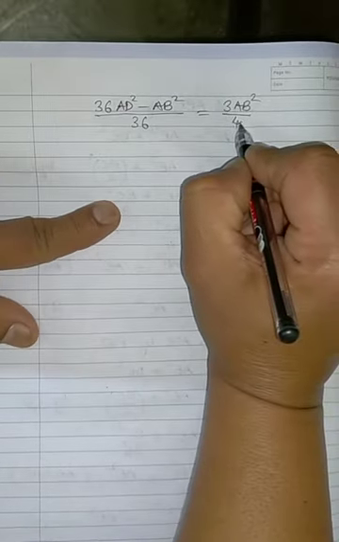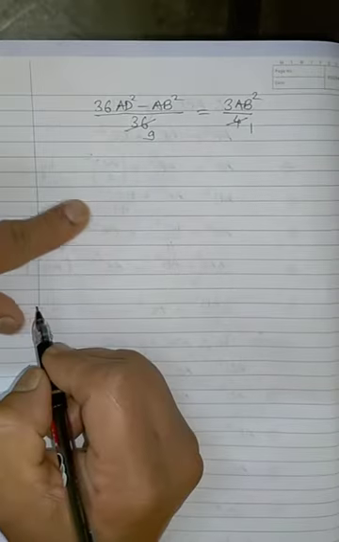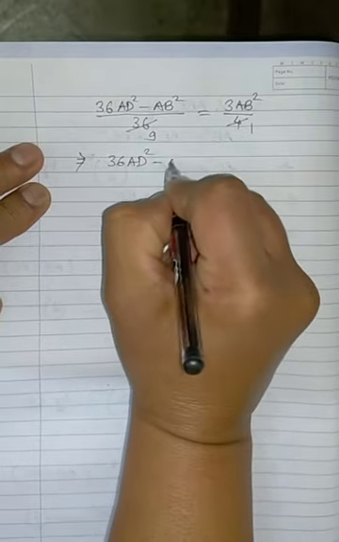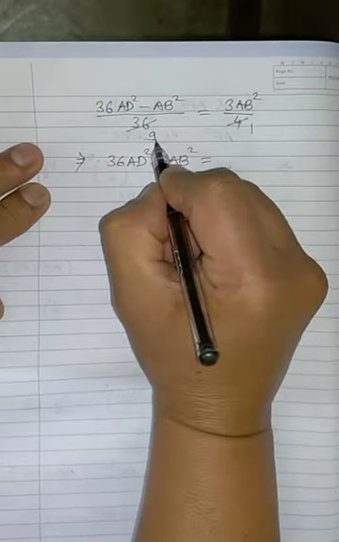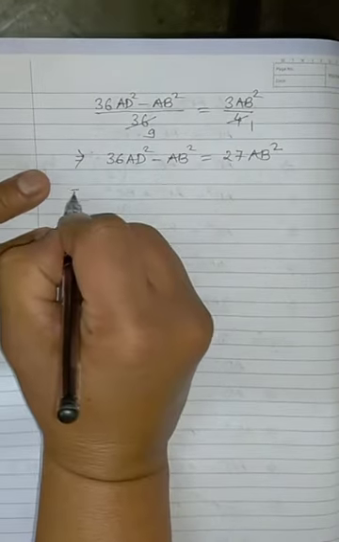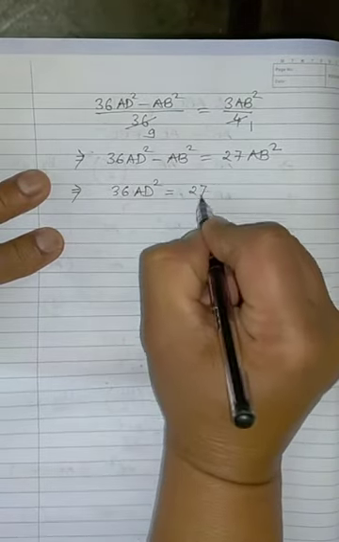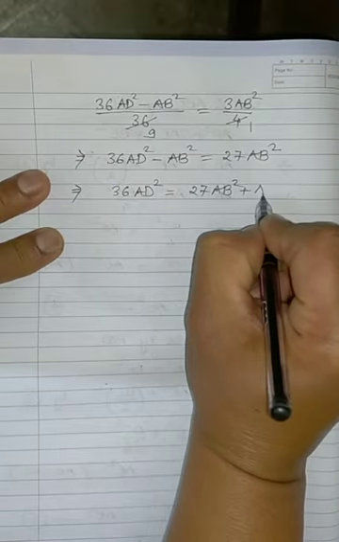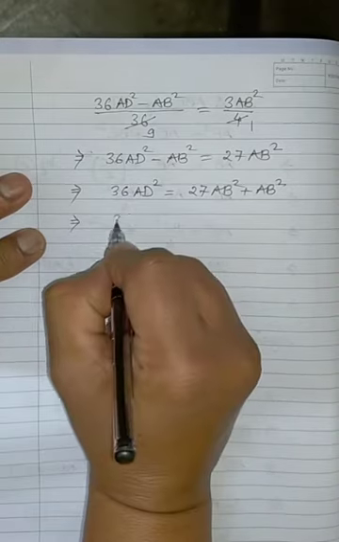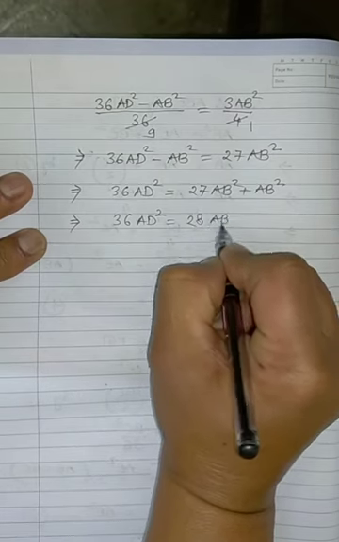That implies we can cancel here: 4 ones are 4, 4 nines are 36. That implies 36 AD square minus AB square is equal to 9 threes are 27 AB square. That implies 36 AD square is equal to 27 AB square plus AB square by transposing it here. That implies 36 AD square is equal to 28 AB square.